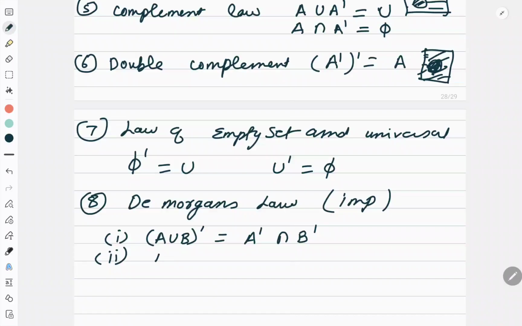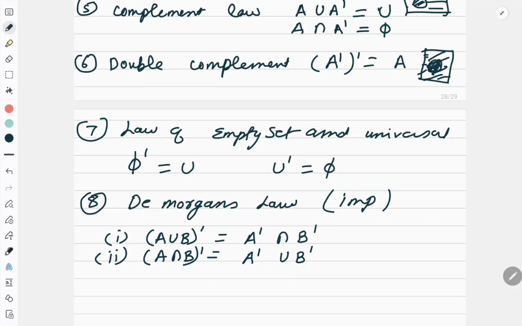And the second one is A intersection B complement is equal to A complement union B complement. Okay. Now you can do the proof of all this. Usually they don't ask, maximum they ask for De Morgan's law. Okay. So I will show you how to prove De Morgan's law.